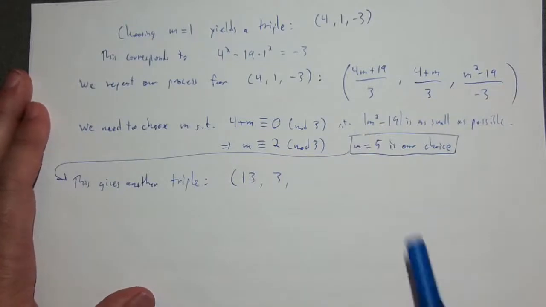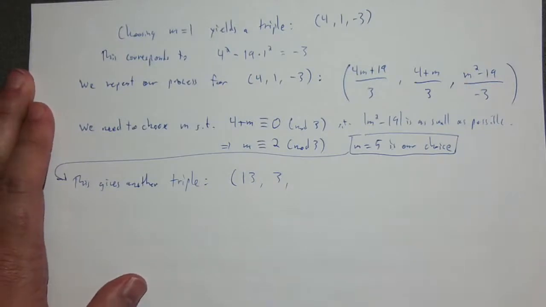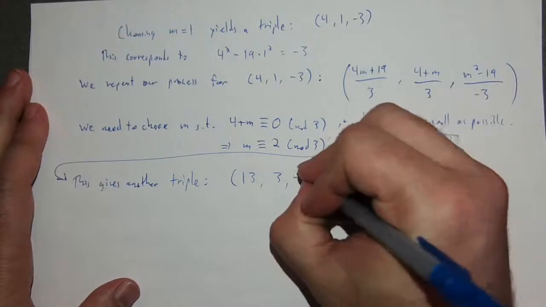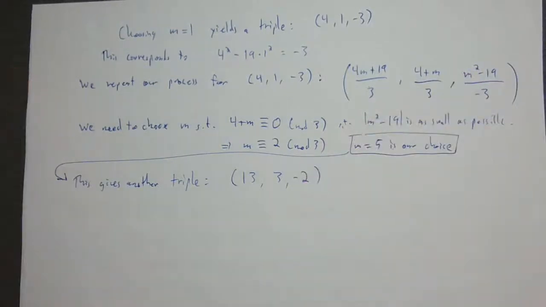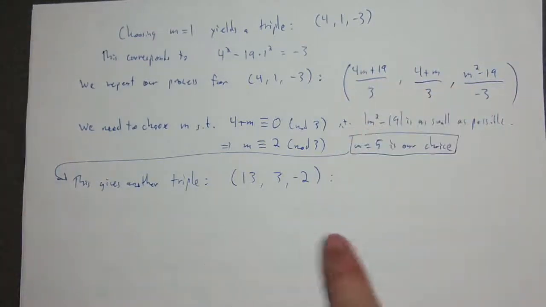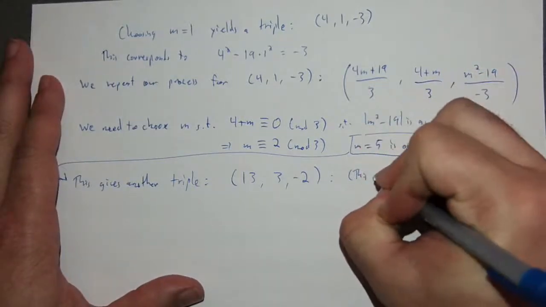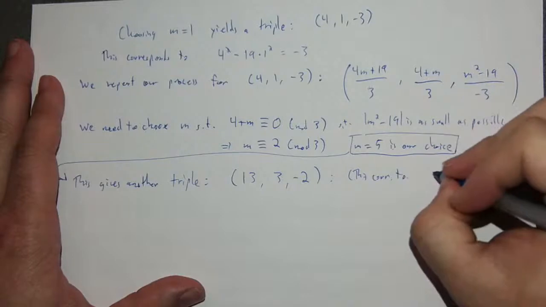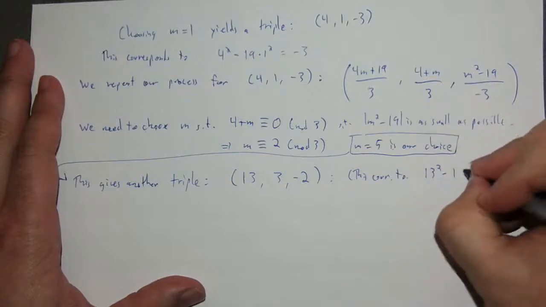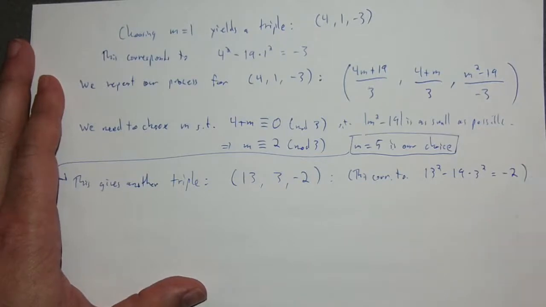And last, 25 minus 19 is 6 over minus 3, so that's minus 2. And we repeat the process, right? This corresponds to the equation 13 squared minus 19 times 3 squared is equal to minus 2, right?